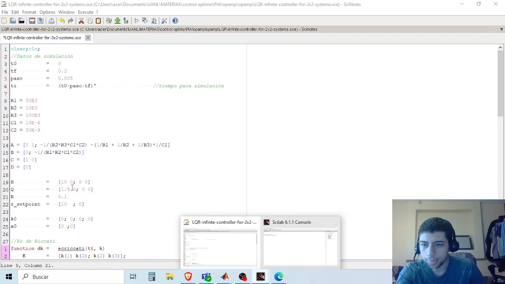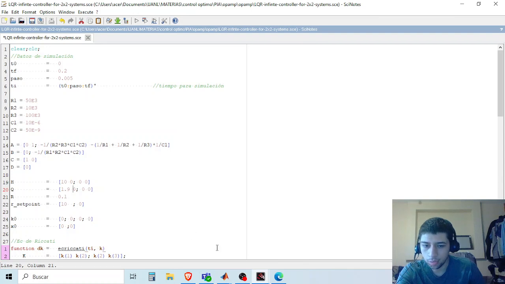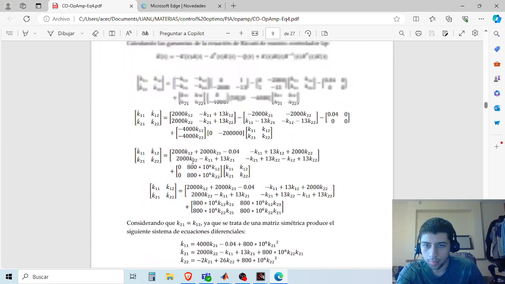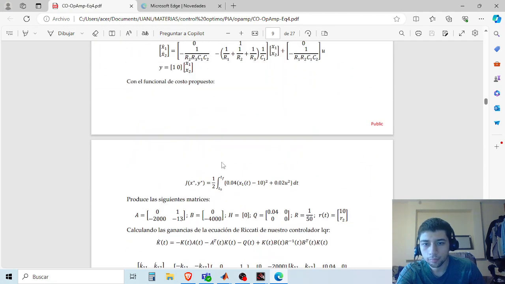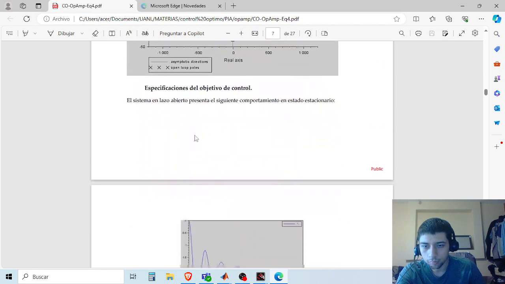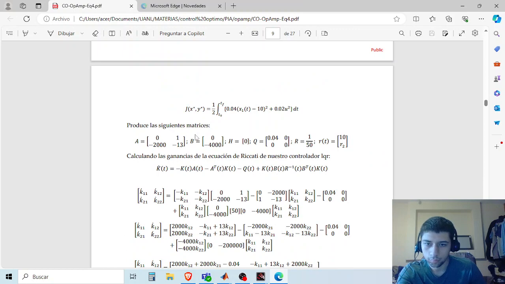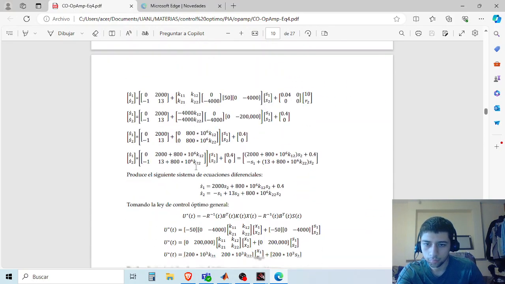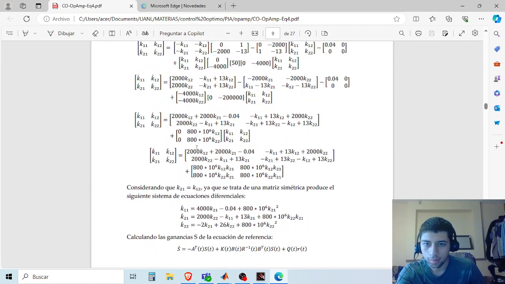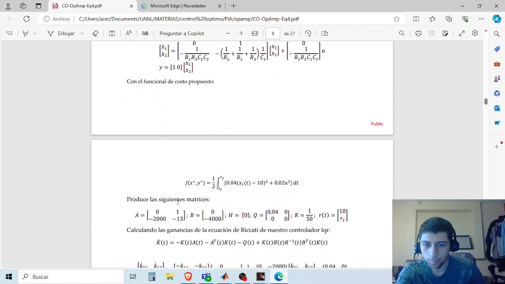And also I forgot to modify the H and Q matrix values. So let me modify those values according to this cost function. Can't find the cost function.